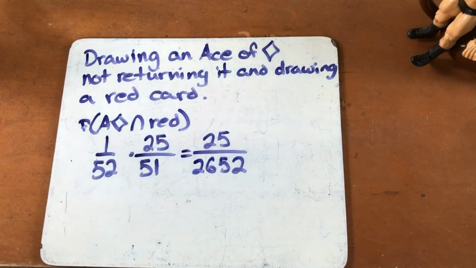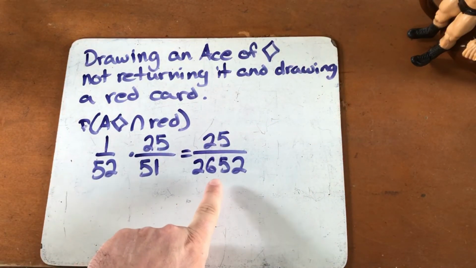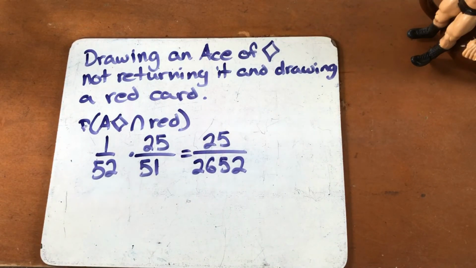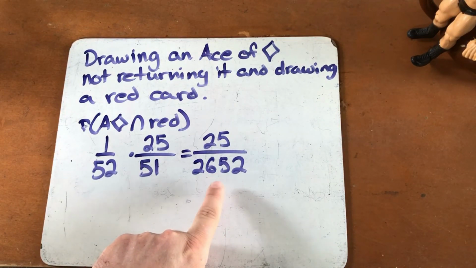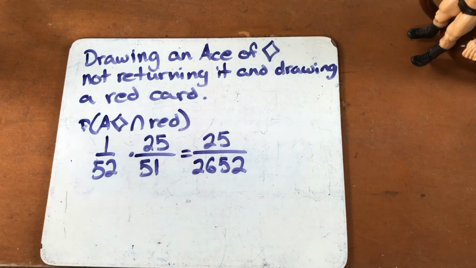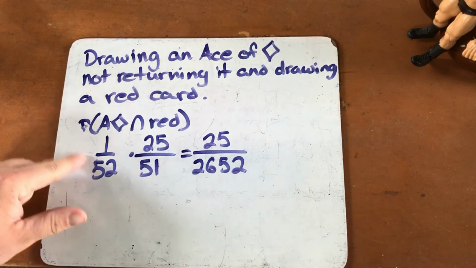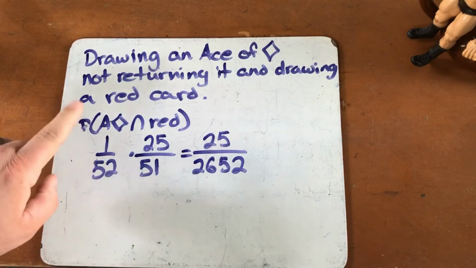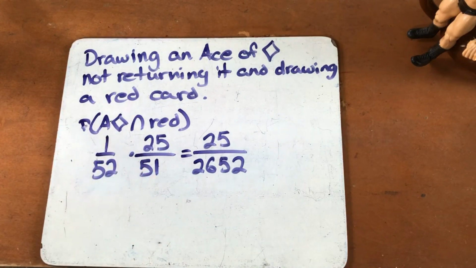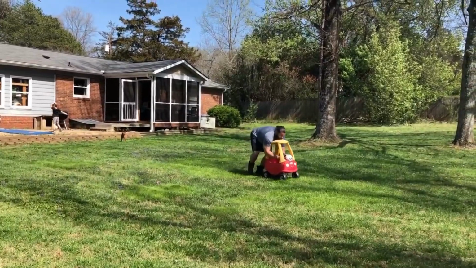If I type it in Desmos, hit the little fraction button, I'll realize that this doesn't simplify, so this is my answer. So this is a pretty small probability of drawing the ace of diamonds out of the deck and also drawing a red card.